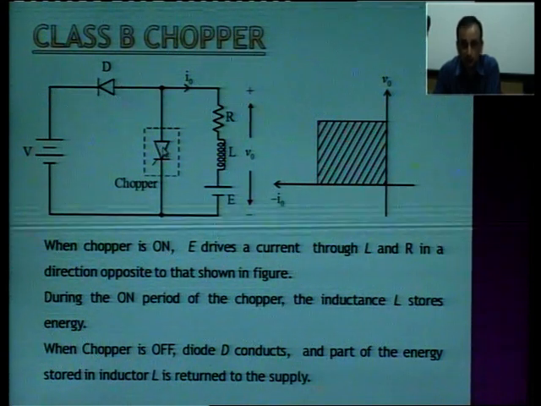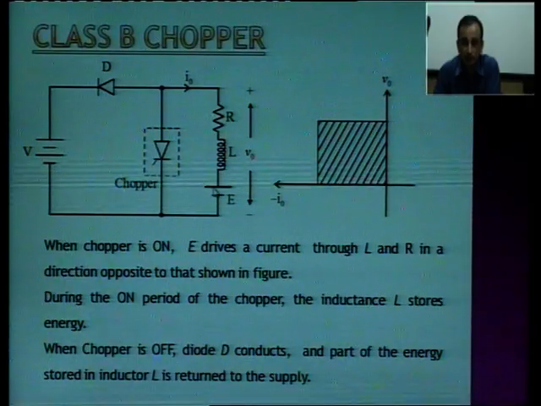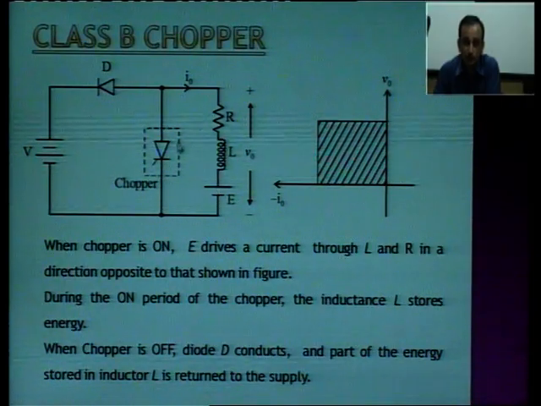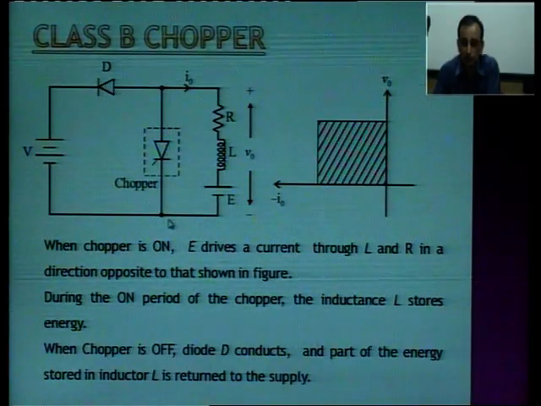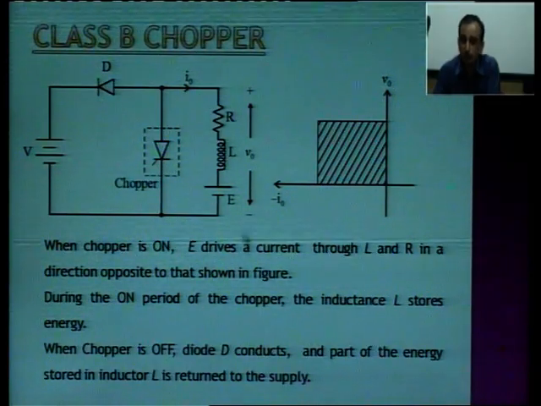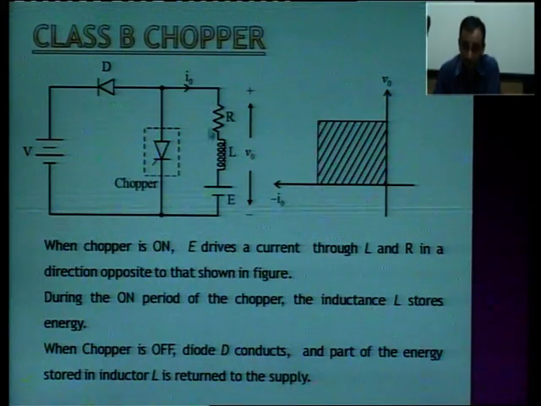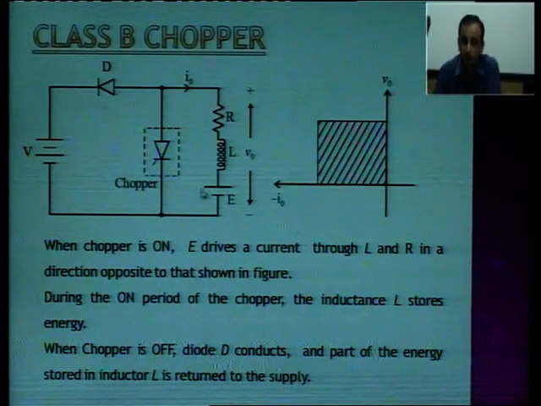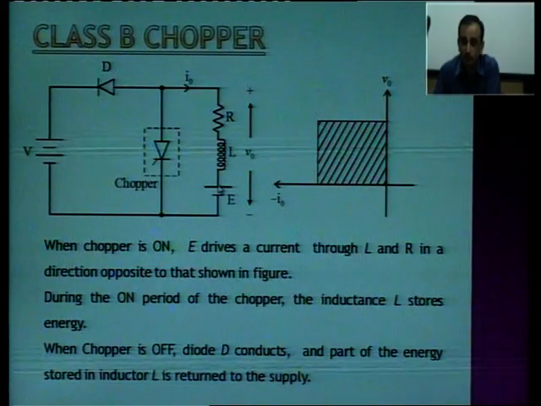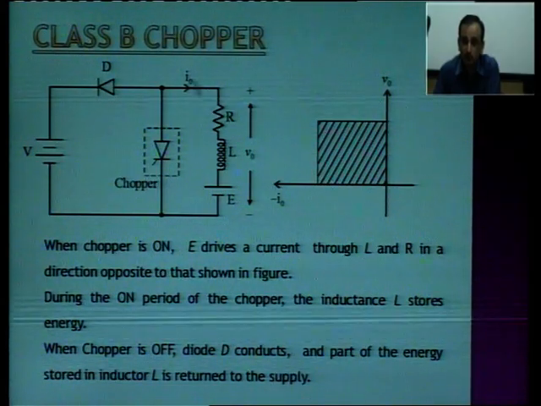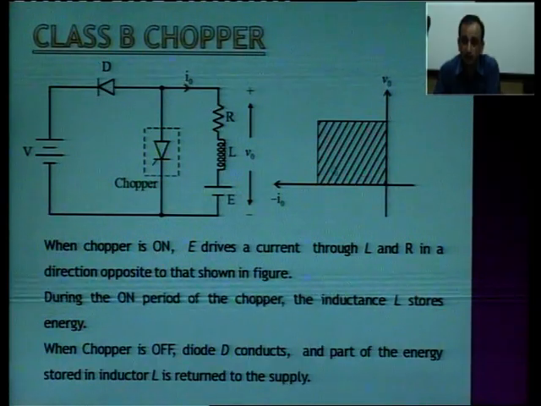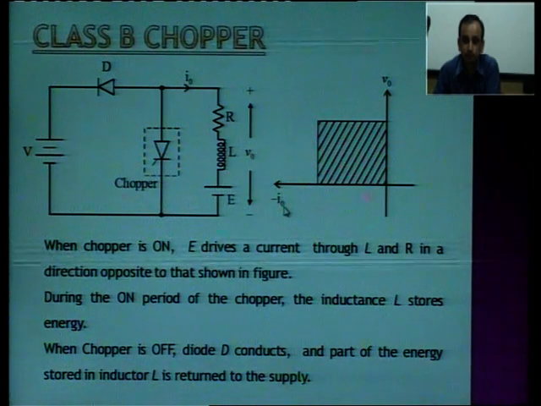Once it conducts, the battery will force the current to pass through it, and the chopper is acting as a short circuit. It means the voltage across the load will be 0 and the direction of the current will be reverse, because the battery is at high potential at that time, and the current flows in the reverse direction, opposite to the convention we have taken here. That is why the current is in the negative direction.